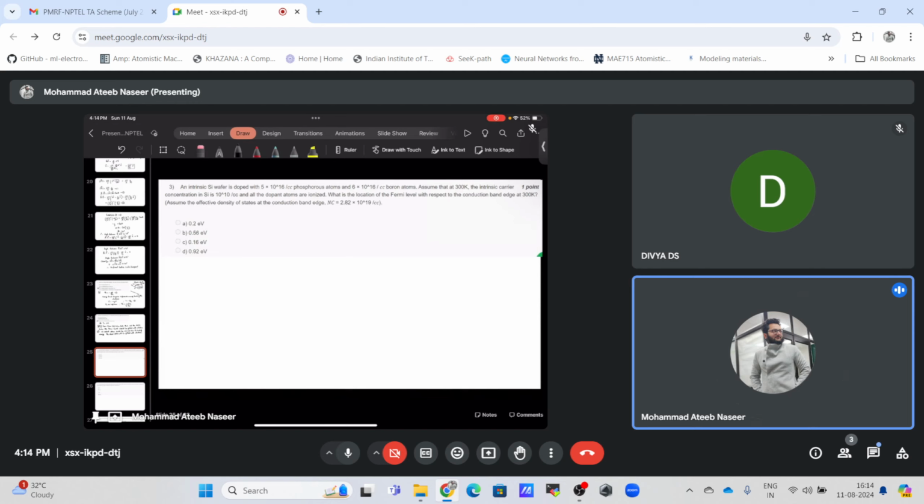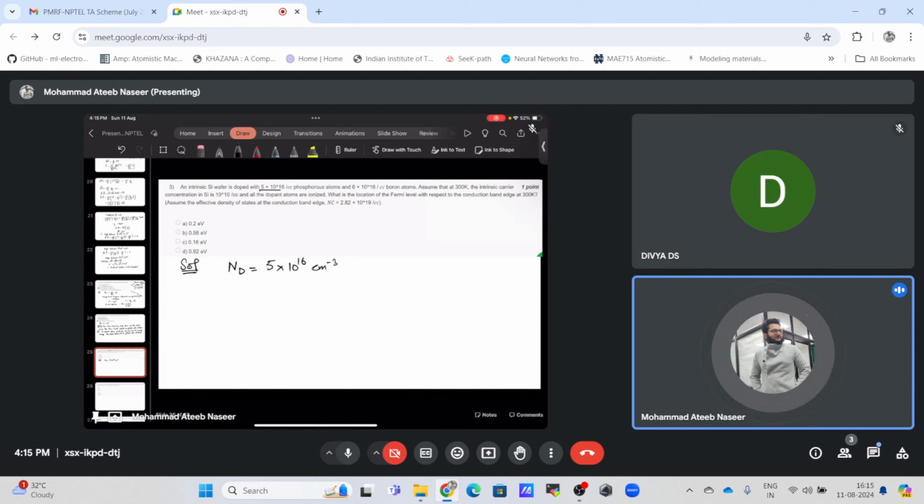Phosphorus is pentavalent, so it has 5 electrons. As a result, the phosphorus atom will act as a donor impurity, and it will have the concentration of 5 into 10 to the power of 16 per centimeter cube.